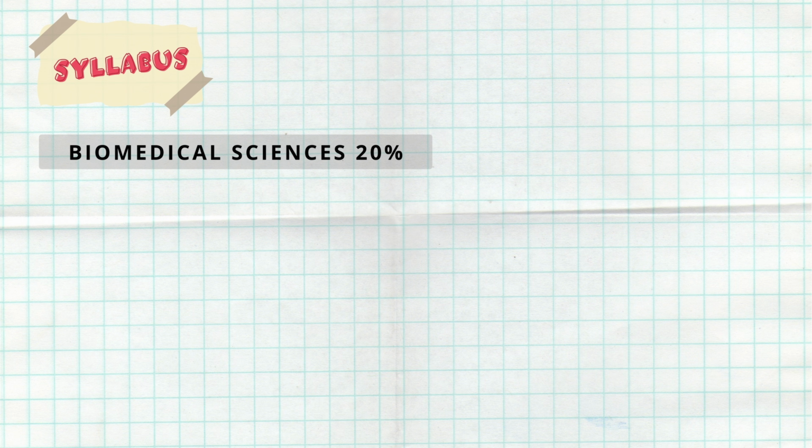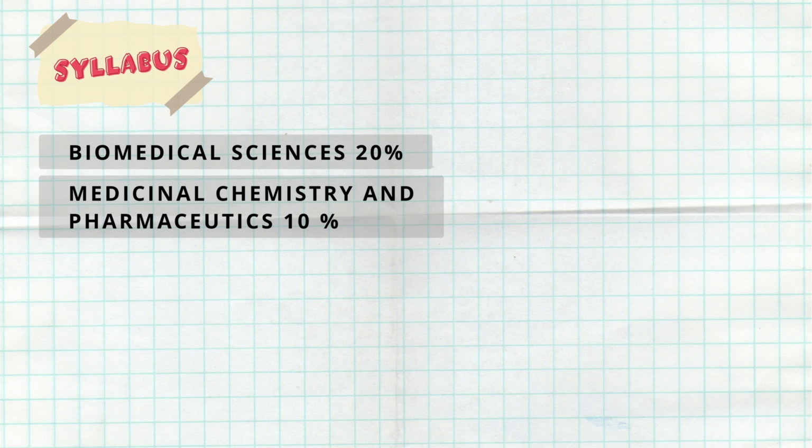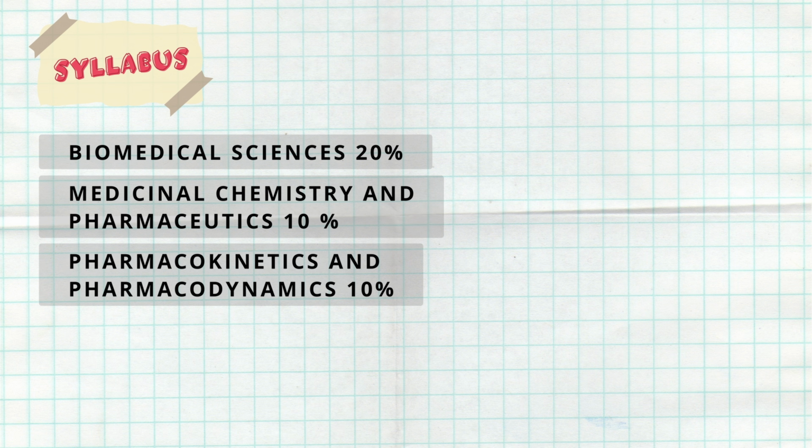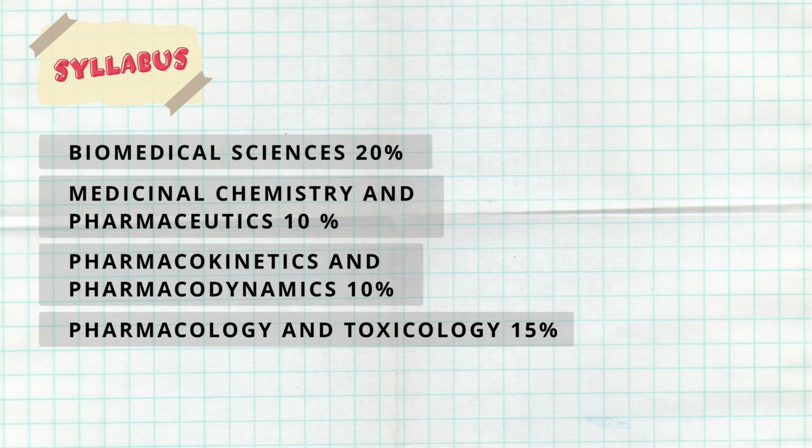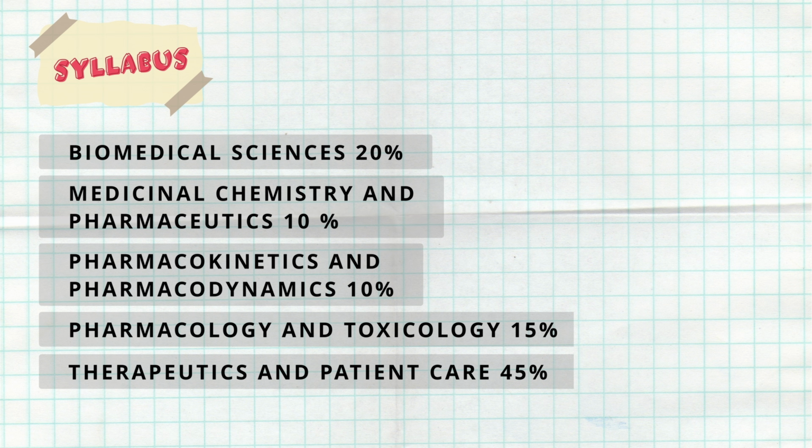It will cover biomedical sciences around 20%, medicinal chemistry and pharmaceutics around 10%, pharmacokinetics and pharmacodynamics around 10%, pharmacology and toxicology around 15%, and finally therapeutics and patient care around 45%. This is a rough distribution of how many questions they may ask you in the examination, but you may not get the exact same percentages mentioned there. It varies from exam to exam.